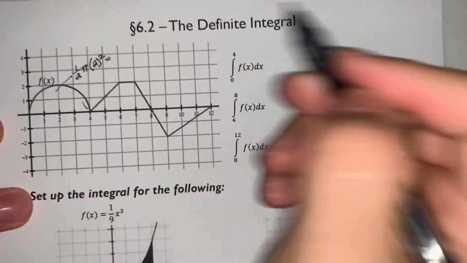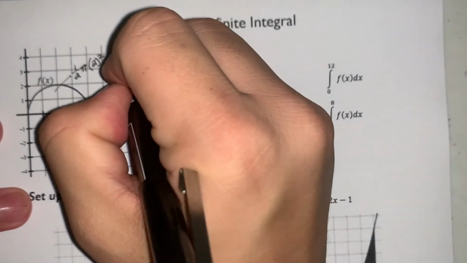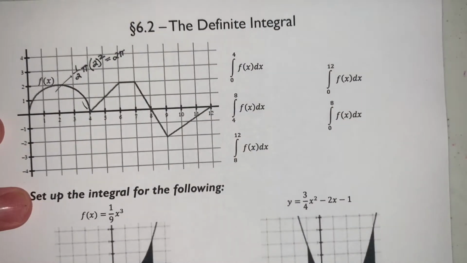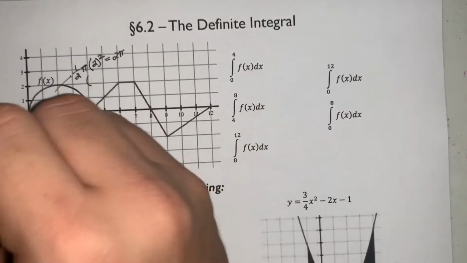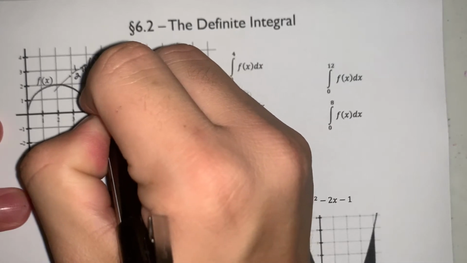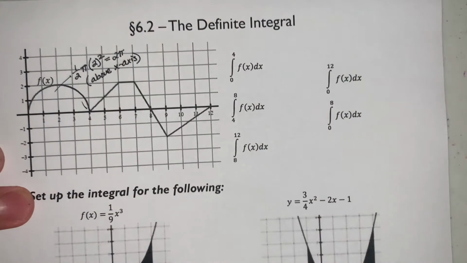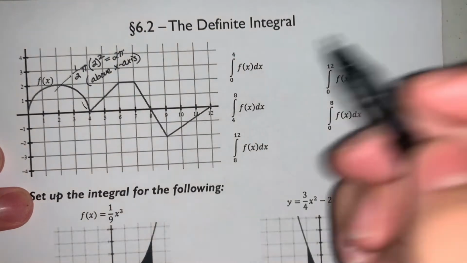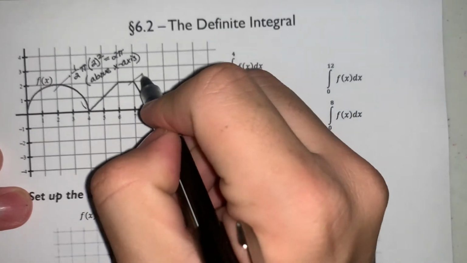So this area is equal to 4 pi divided by 2, so 2 pi. And something I'm going to make note of here is that this is an area that's above the x-axis. So I'm going to write that: above x-axis.